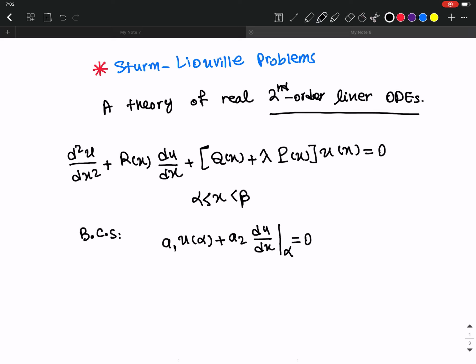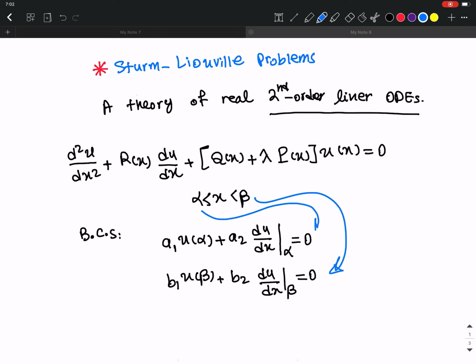This is the first boundary condition. And the second boundary condition is at x equals beta: B1 u at beta plus B2 du over dx at beta equals 0.